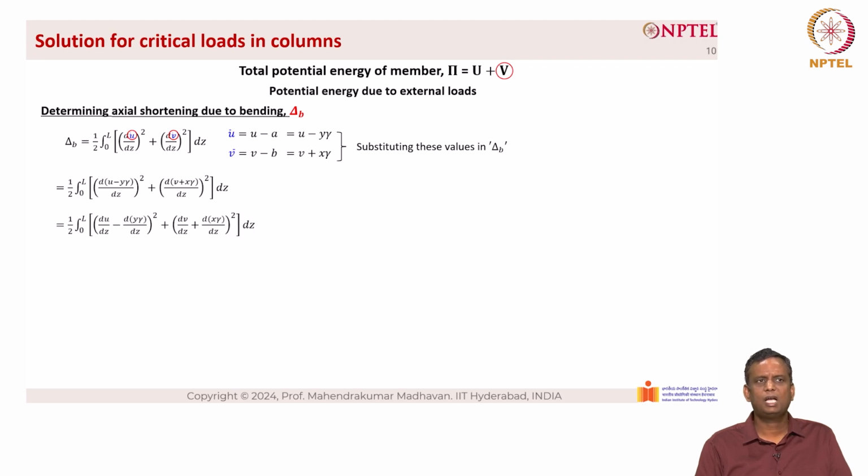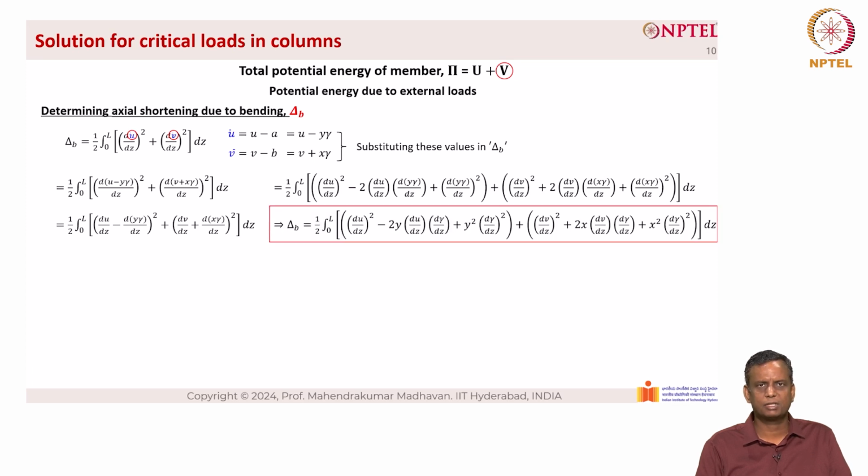Now, that is given as half into integral 0 to L of (du by dz minus d of y gamma by dz) the whole square plus (dv by dz plus d of x gamma by dz) the whole square into dz. We can use (a plus b) the whole square equal to a square plus 2ab plus b square and (a minus b) the whole square equal to a square minus 2ab plus b square. These two equations we can use and we can expand this equation further. When we expand this equation further, we get a big equation for delta sub B, as you can see on the screen.